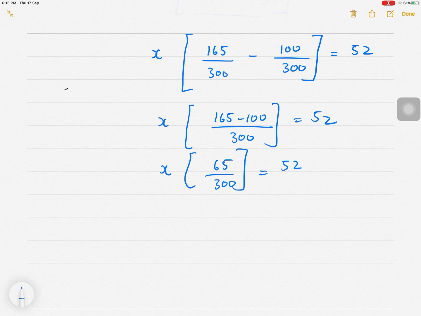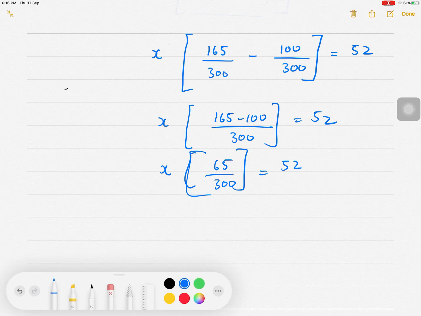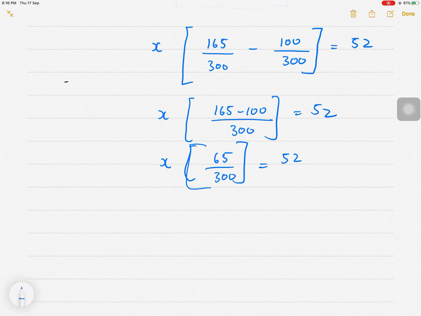I'll keep x this side and bring 65 upon 300 to the other side. When I take it to the other side, what will happen? 65, which is multiplication in the numerator, you have to divide it.